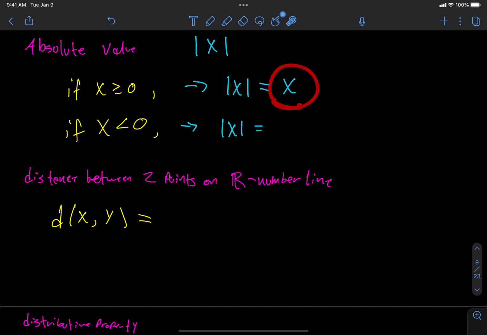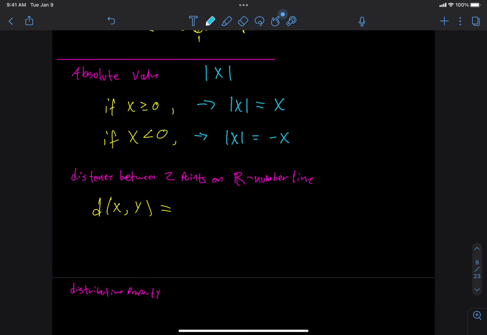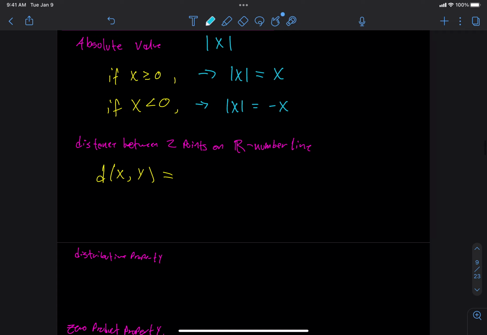It's going to be x if it was positive, but x is negative, so I don't want to put x here. What should I put instead? Negative x, right? Because a negative of a negative is a positive. So I'm going to put negative x, where minus x refers to the negation of x. It's already negative, so if I negate a negative, it becomes a positive. Okay, so that's absolute value.